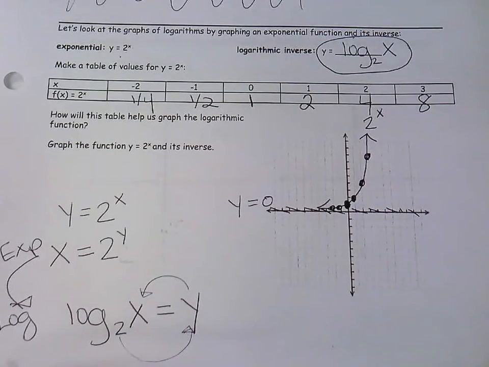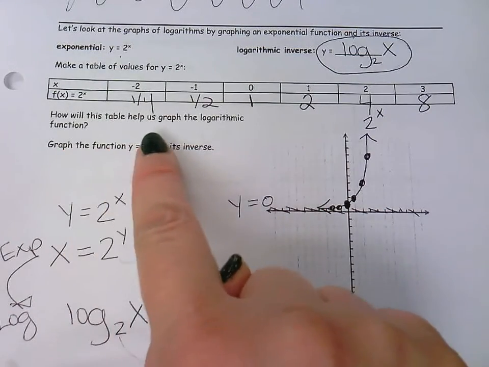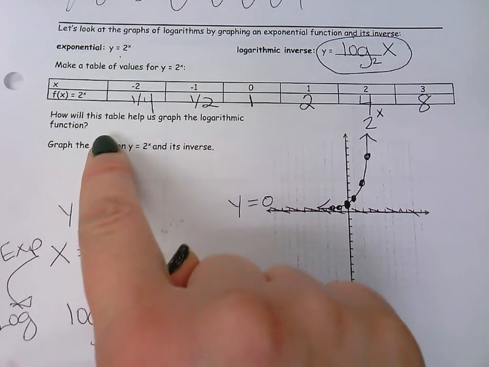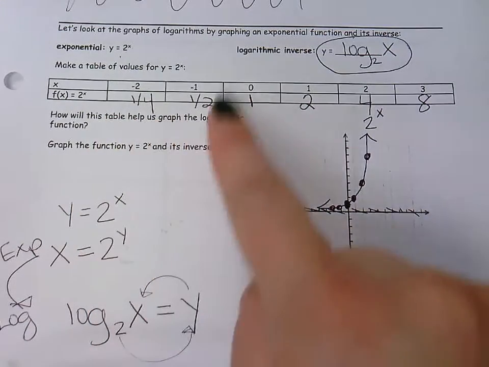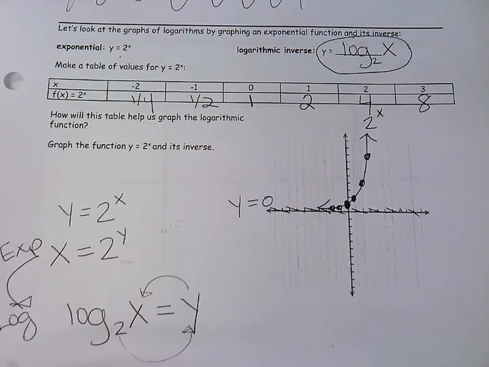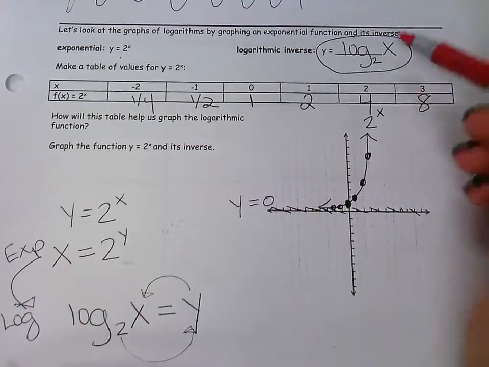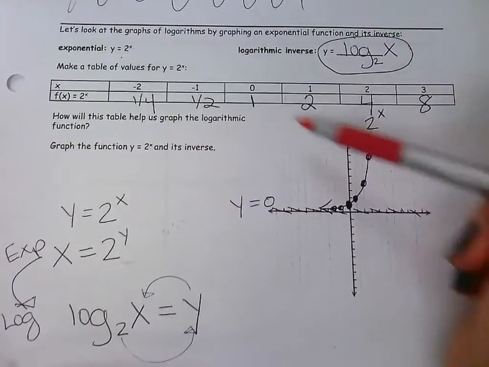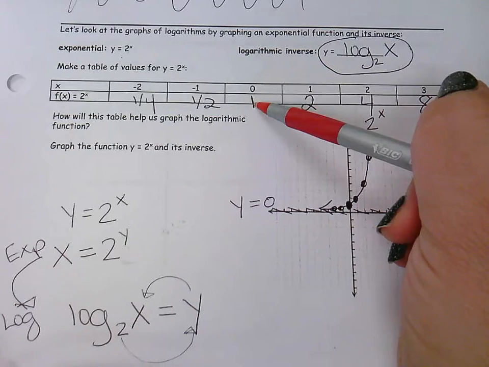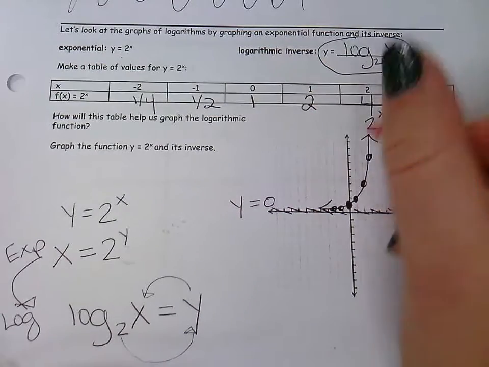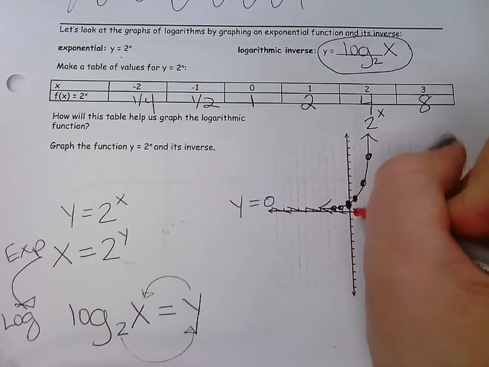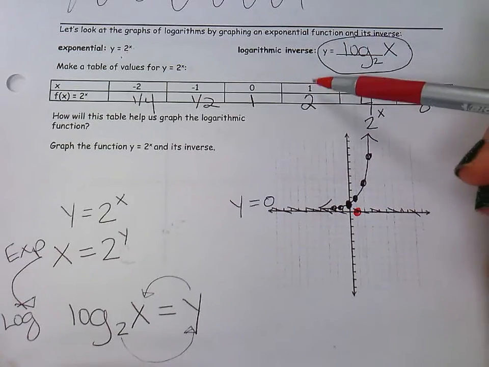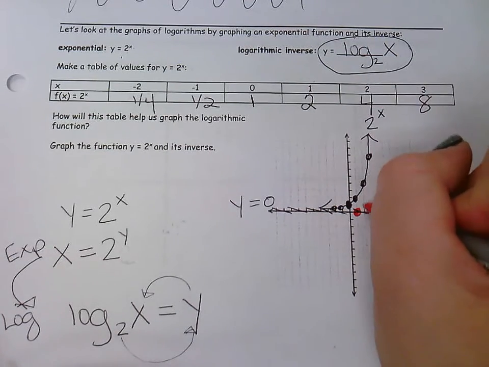So how will this table help us to graph the log function? Isn't an inverse, you just switch x and y? So in a different color, I'll do mine in red. I'm going to graph the log function with base 2. So instead of 0, 1, I want to graph the point 1, 0. So there's 1, 0. Instead of 1, 2, I'm going to graph 2, 1.